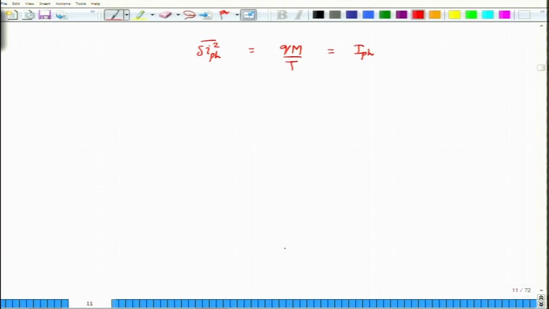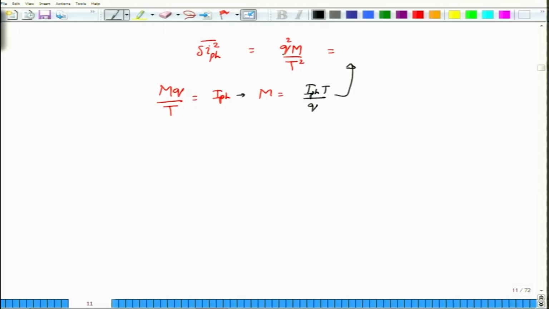The variance actually turns out to be m, and then you have to square this up, so mq square by t square. Now I know mq by t corresponds to the photocurrent IPH, and therefore by interchanging this equation, m is equal to IPH times t divided by q. Of course, that is the correct expression. Now you put this value of m into the above expression.